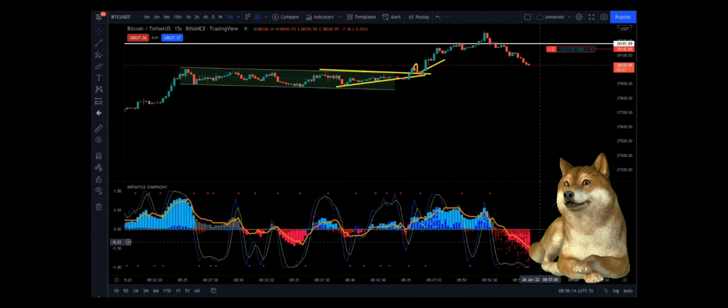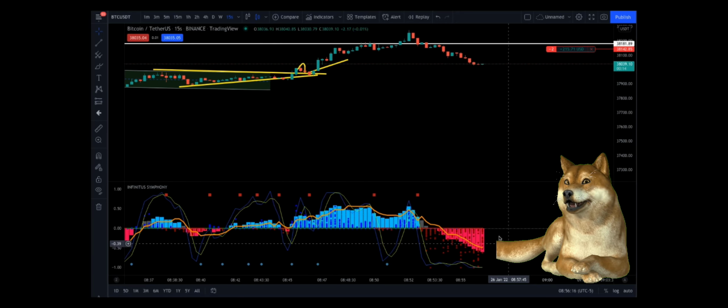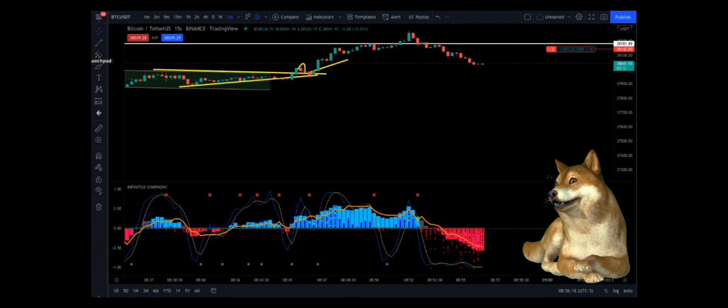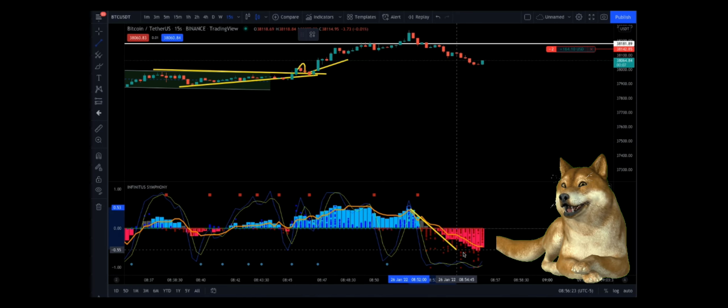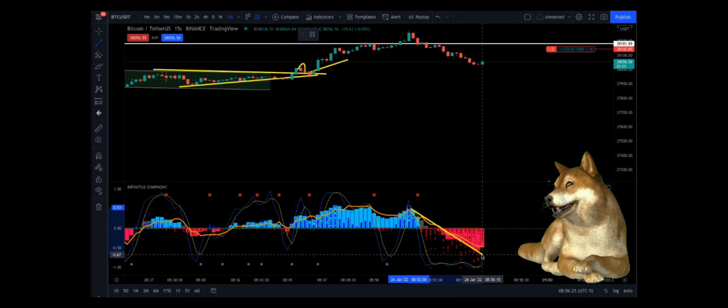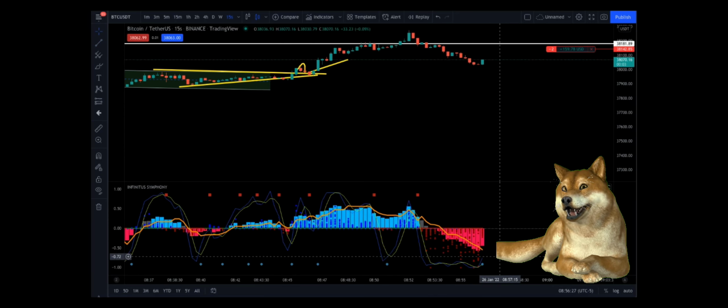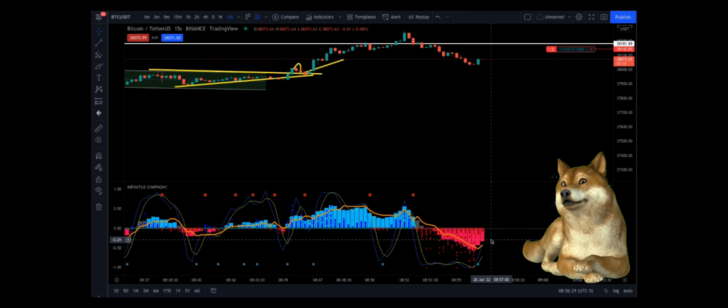Now look at here. Beautiful. This is how you use this indicator. Look at this. Nice big interest. Nice big Q bars headed down. And look, Q bars heading in the opposite direction. I might flip this around here.